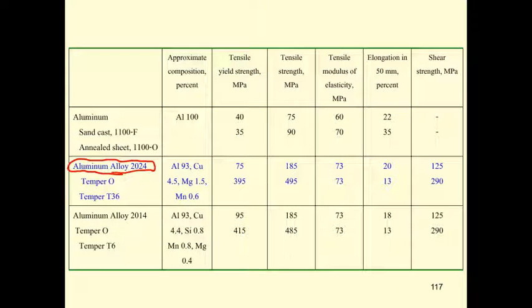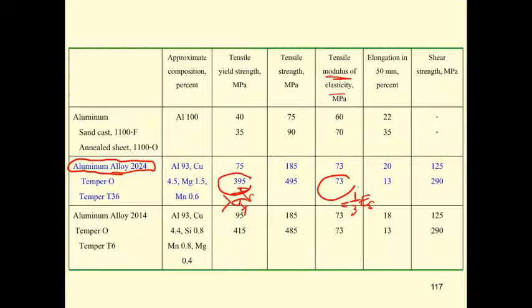You may see it has a tensile yield strength of 395 megapascals, which is very high compared to steel, and it has a modulus of elasticity of 33, which is 1/3 of the modulus of elasticity of steel.